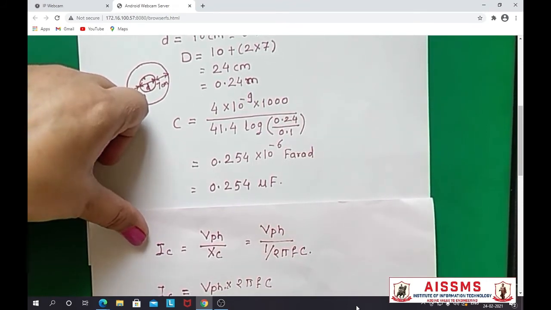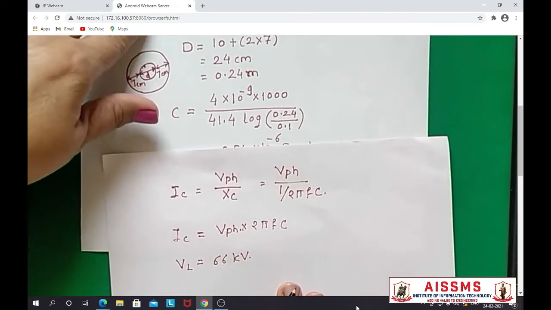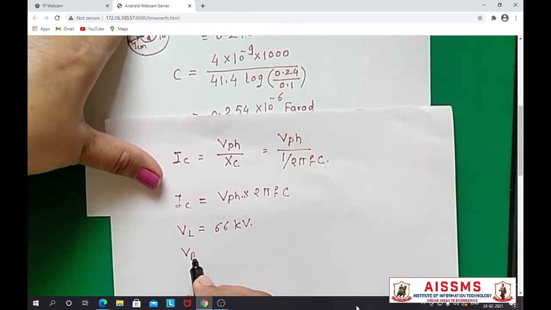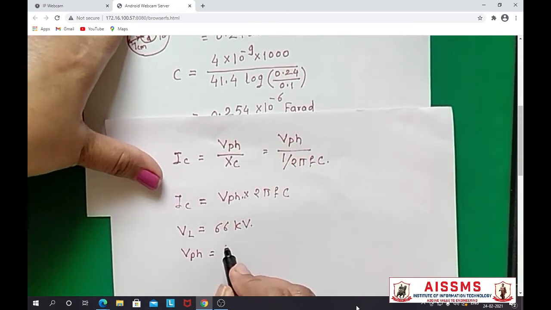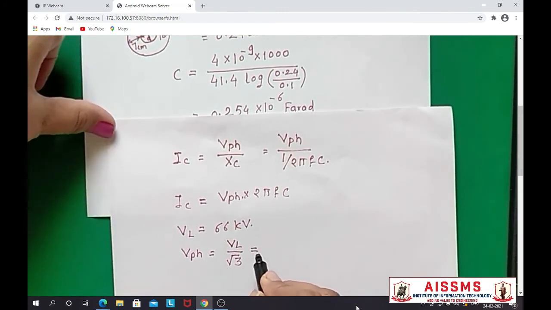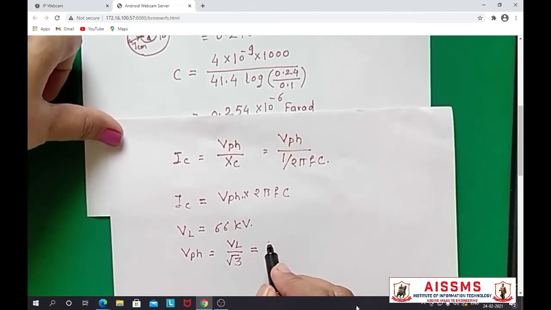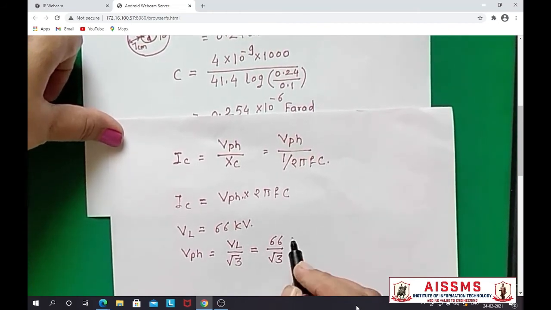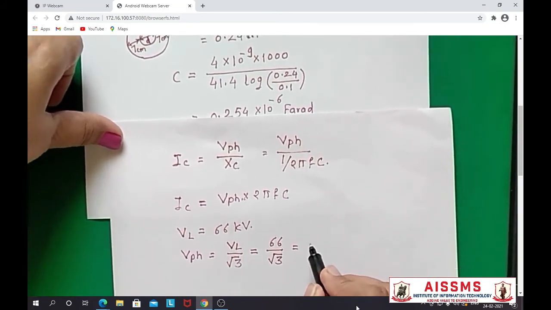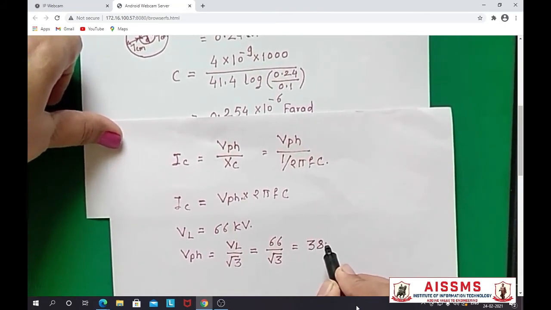So, the phase voltage V phase is VL divided by root 3. So, it is equal to 66 divided by root 3. So, it is coming to be 38.1 kV.